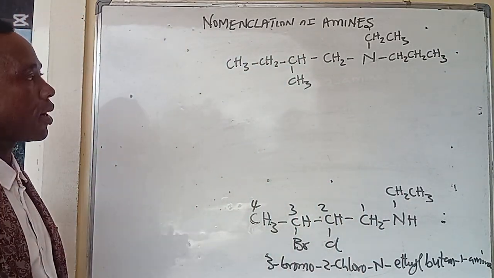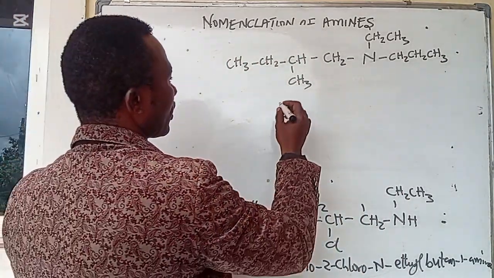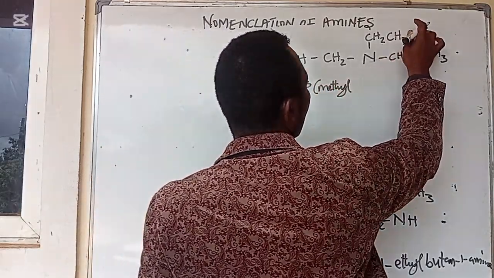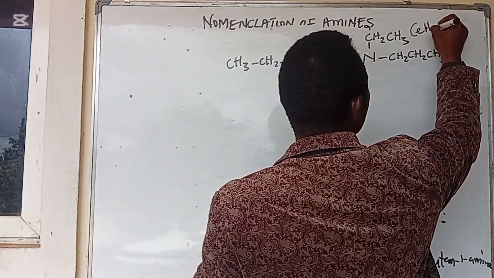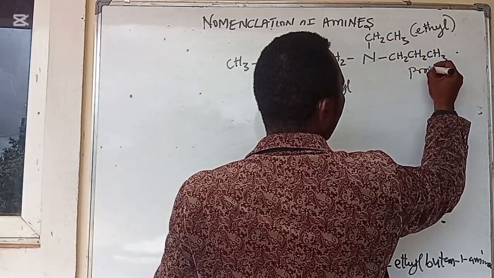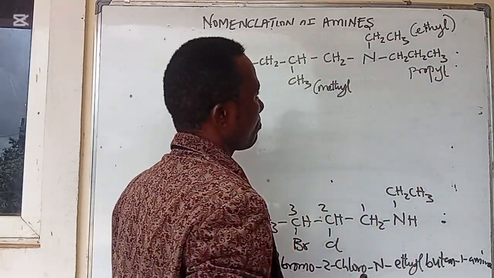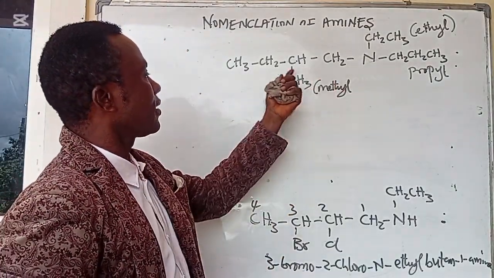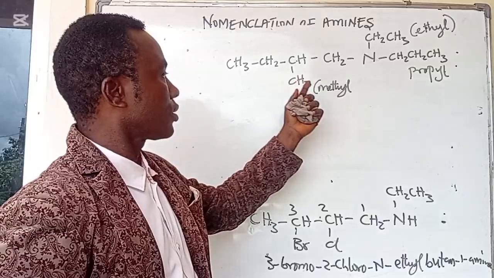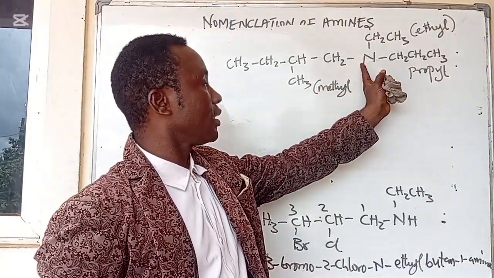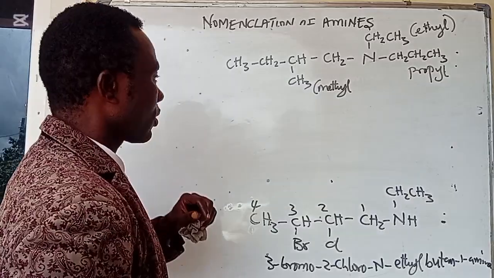You can name that compound. The substituents are what? We have methyl. Another substituent is ethyl. Then this other substituent is propyl. You name them alphabetically, not minding whether it is on the alkyl portion or substituted on the nitrogen of the functional group.